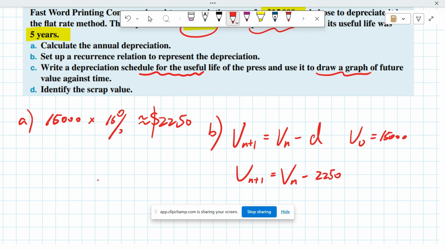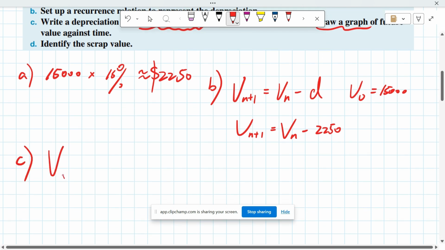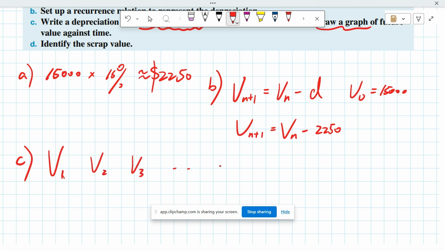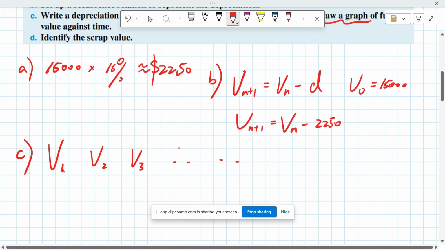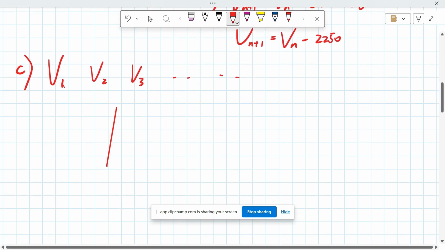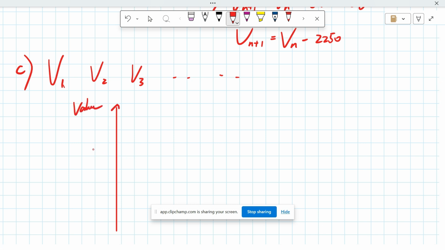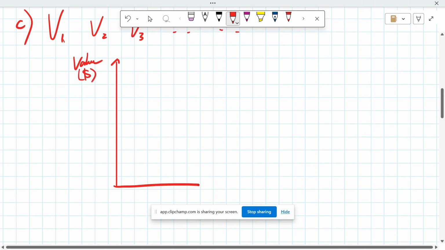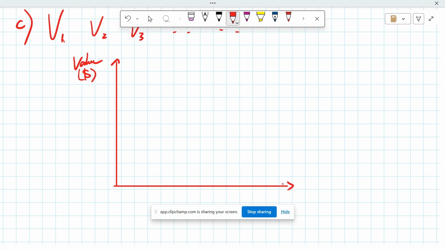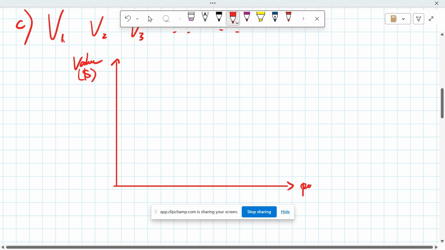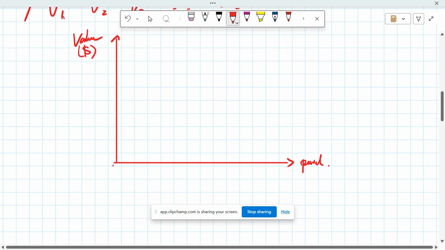We can use that to draw the graph as well. First, calculate V1, V2, V3, and so on until it reaches zero. Then you plot the value against the period, so 5 years, which is 0, 1, 2, 3, 4, and 5.